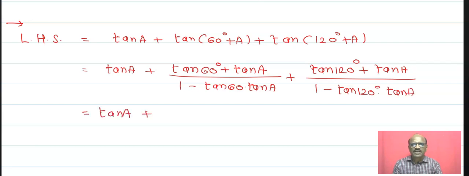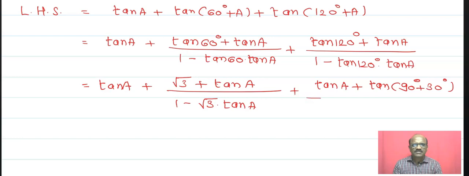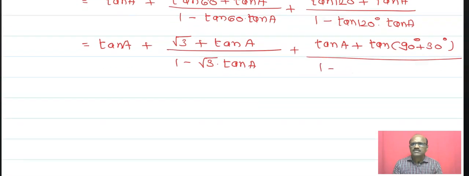Now next is tan a. The value of tan 60 is √3, plus tan a upon 1 minus √3 into tan a, plus tan of 120, which can be written as tan of 90 plus 30, upon 1 minus tan of 90 plus 30 into tan a.